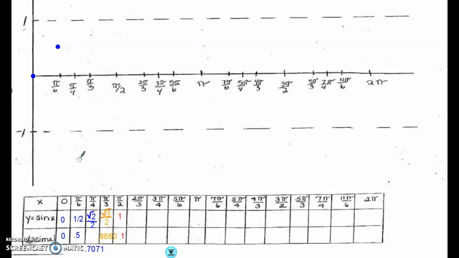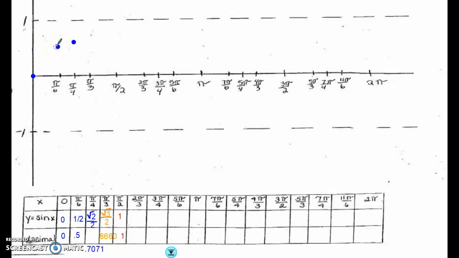Now, if you recall, I told you to memorize certain numbers like root 2 over 2, which is 0.7071. So at pi over 4, my sine curve is 0.7, so I need to be a little bit higher than this 1/2.